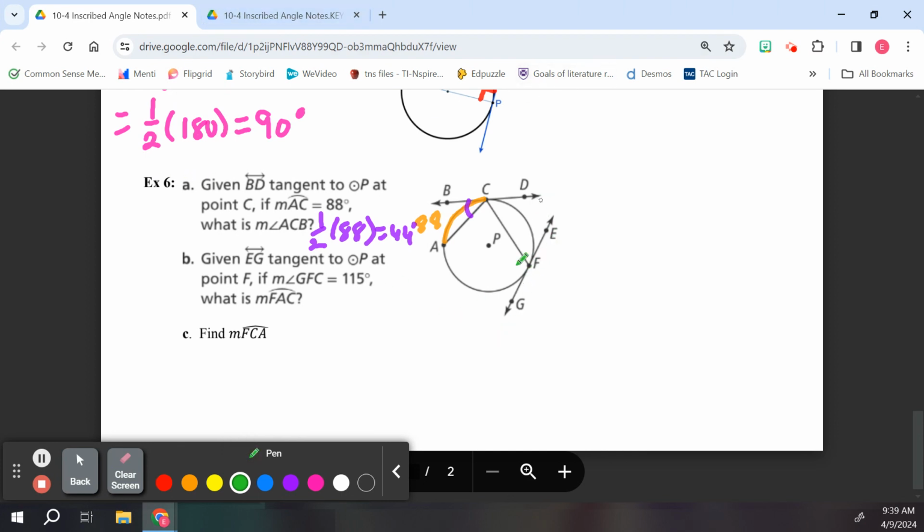Given EG is tangent to circle P at point F, if the measure of angle GFC, so G to F to C, so we have this whole angle is 115, what is the measure of F to A to C?